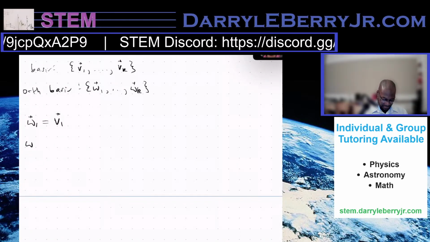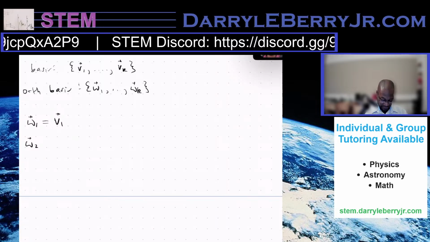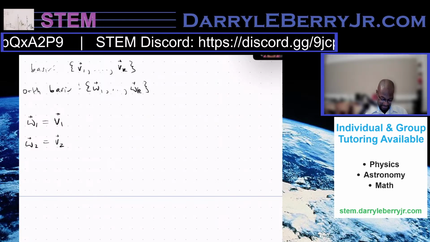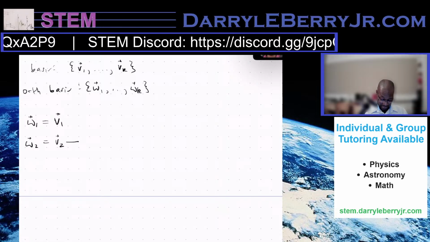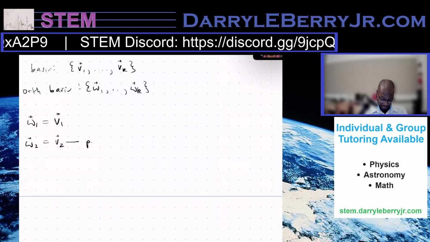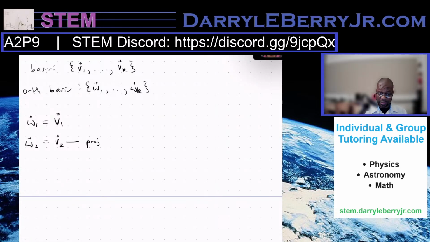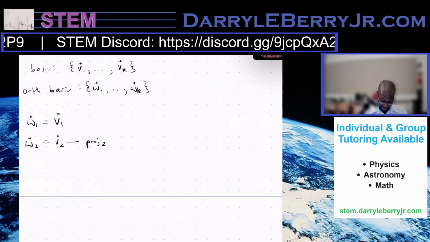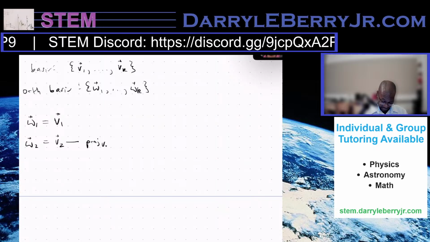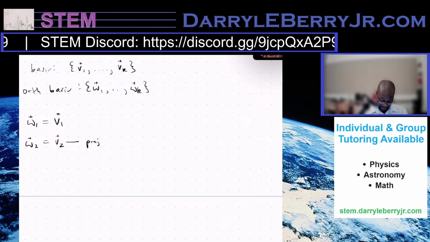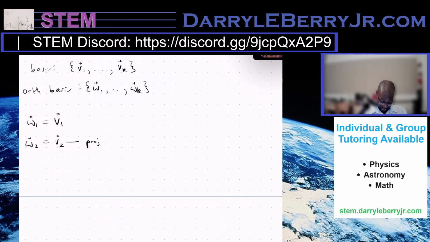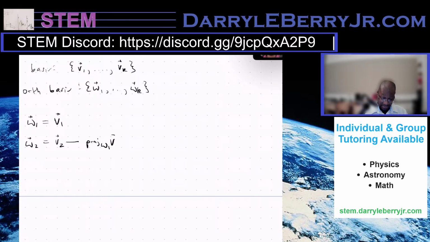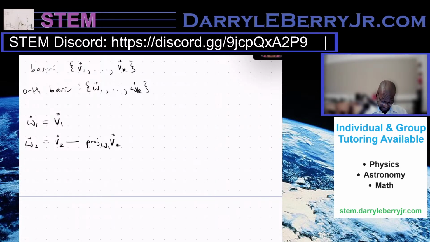The second vector in the orthogonal basis is the second vector in the original basis minus the projection of the second vector onto the first vector.